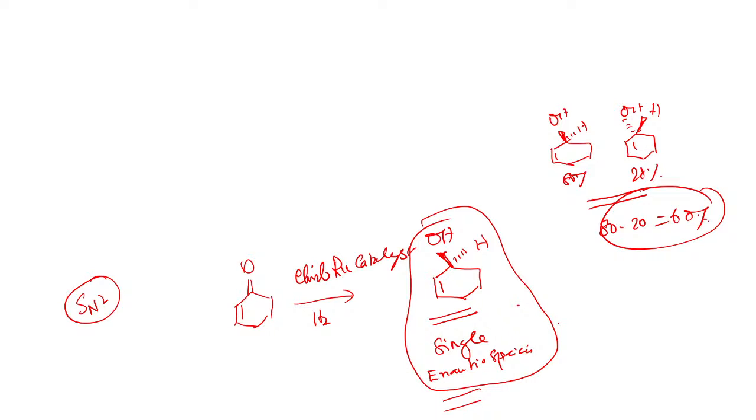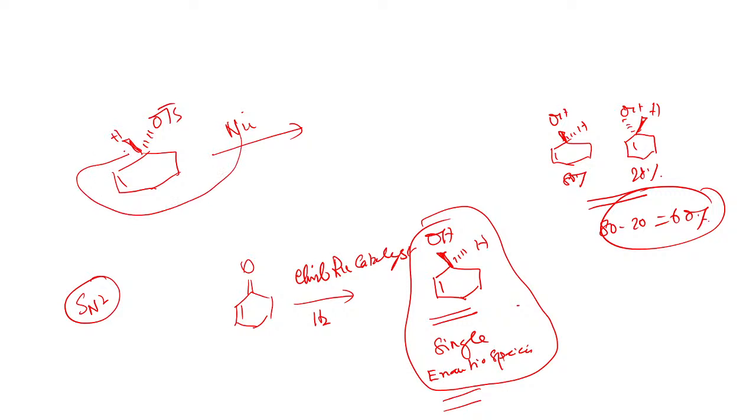And another example, I have an enantiomer. For example, you have the hydrogen here, and you have OTs here. So you add a nucleophile, it undergoes a substitution reaction.